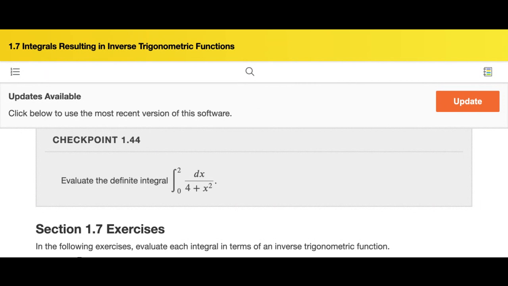Arctangent of 0. Let me see. Everything is good in radian. Why is it in radian? I can use, what's the code?